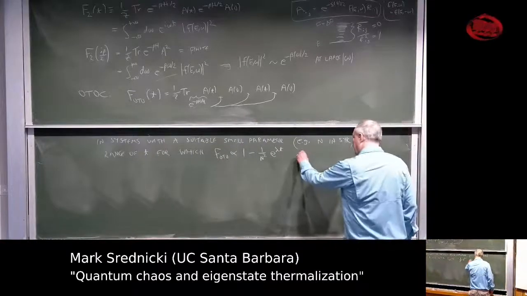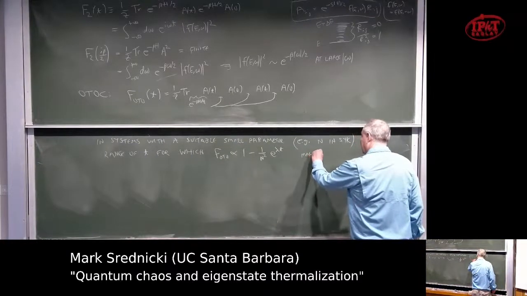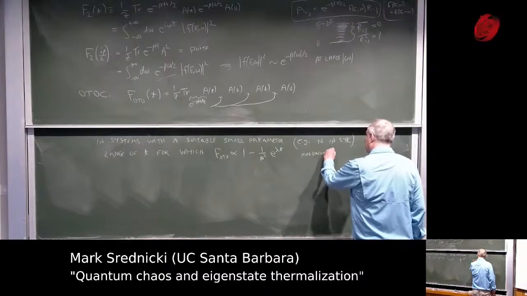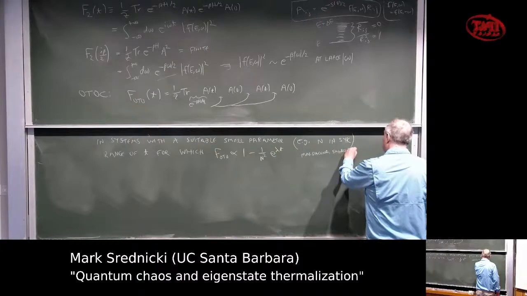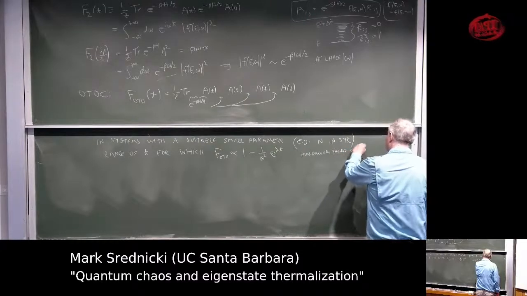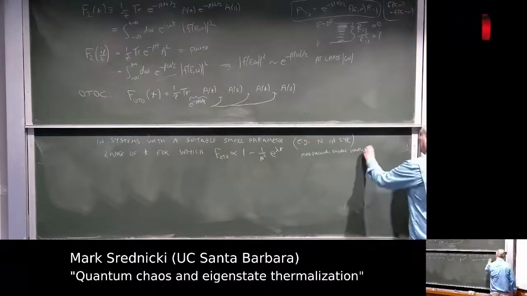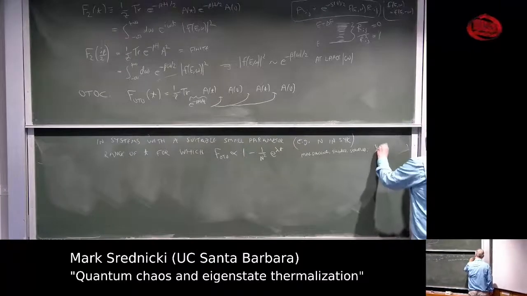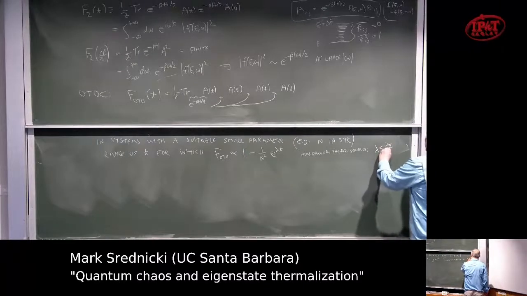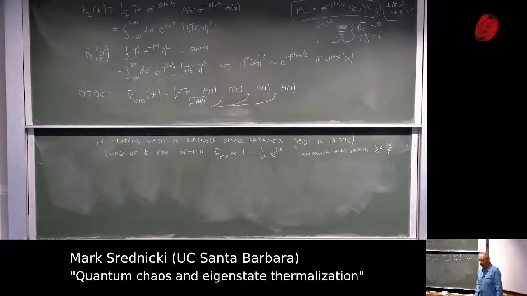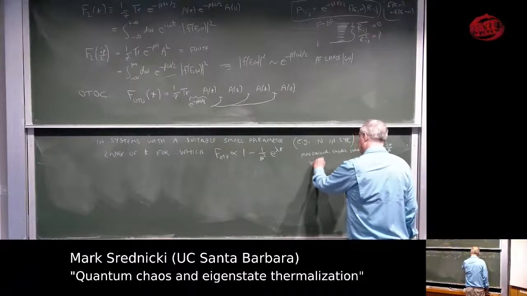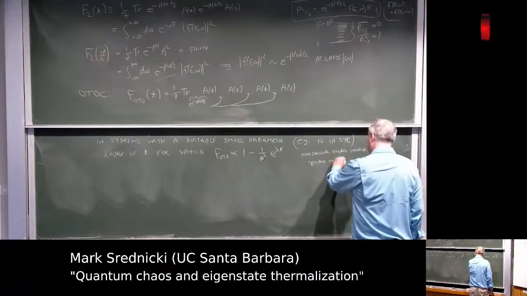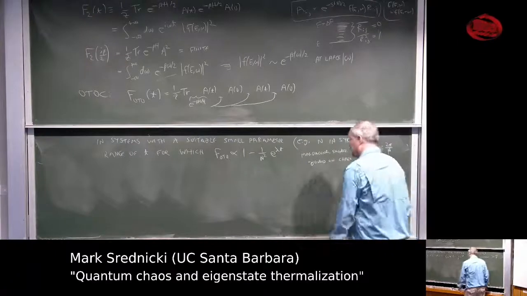And famously, Maldacena, Shenker, and Stanford, using various arguments, claimed that lambda was bounded above by 2 pi over beta. And this was the title of their paper, A Bound on Chaos.